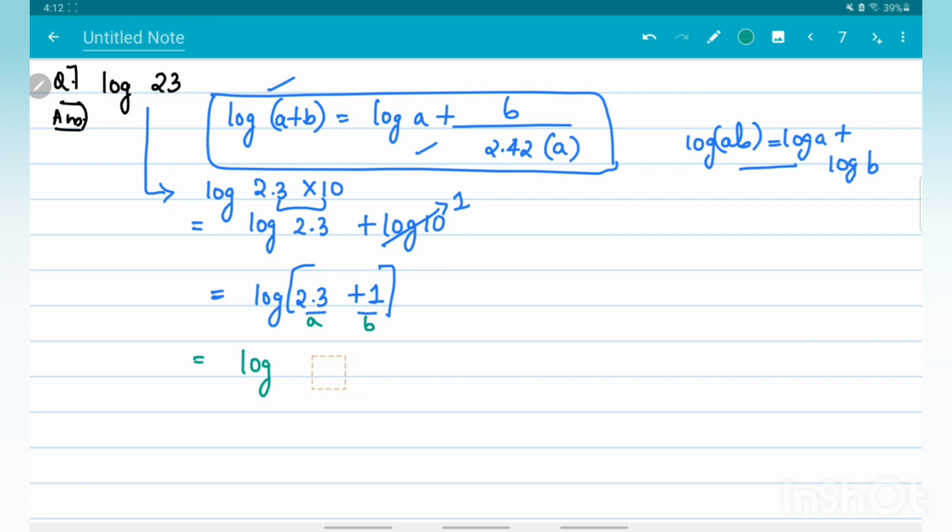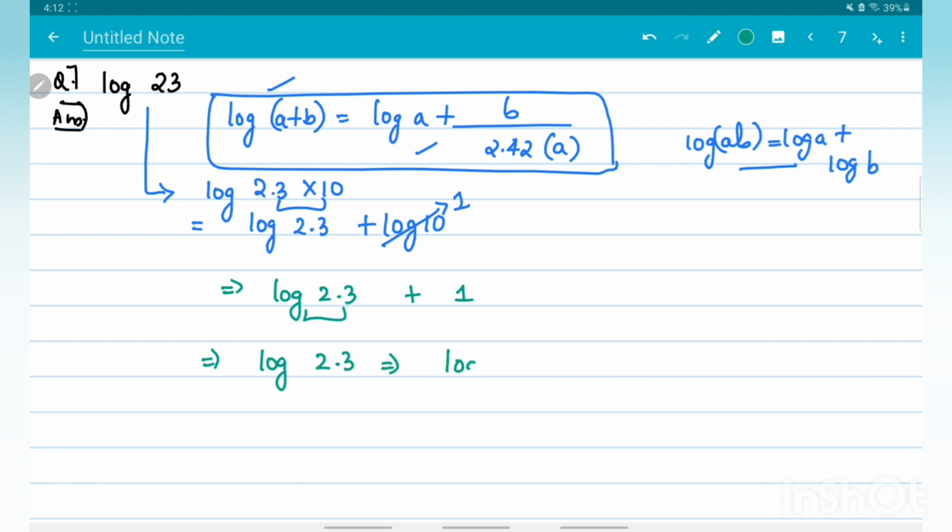Okay, so here's a small mistake. We don't have to consider this one. We will consider it like this, log 2.3 plus 1. We'll put this one aside for some time. We'll consider only this log 2.3 and we will get it in the form of log (A plus B). So this log 2.3, first we'll solve it. Now this can be written as log (2 plus 0.3). Okay, now it is correct. Now it becomes log (A plus B).